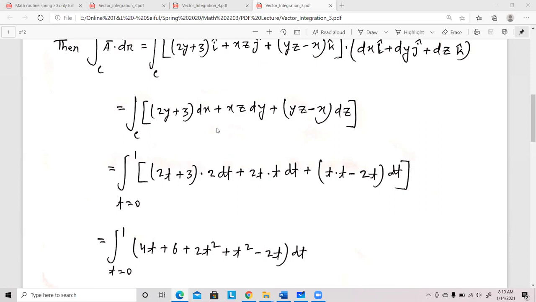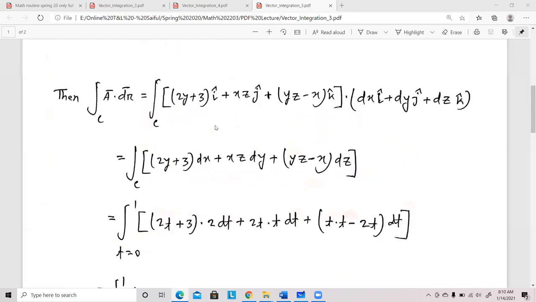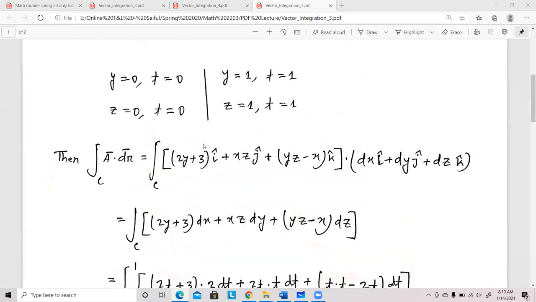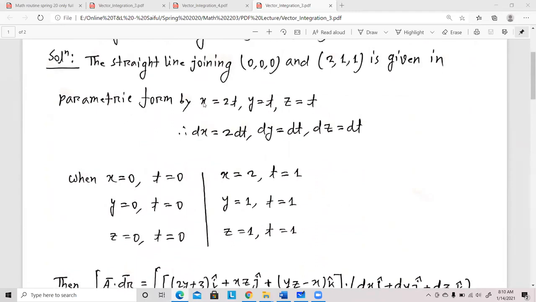So we have to convert this expression into a single variable term. At this stage we can substitute x, y and z by the parametric equation: x equal to twice t, y equal to t, z equal to t. So we replace x by twice t, y by t, z by t, and dx equal to 2 dt, dy equal to dt, dz equal to dt.